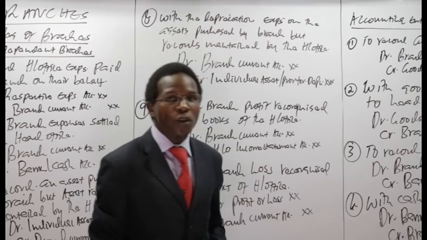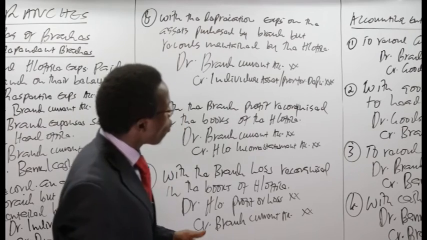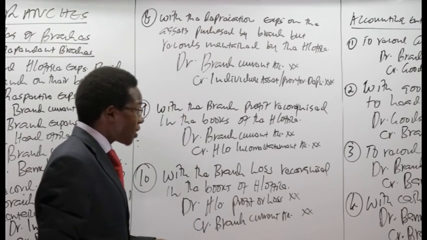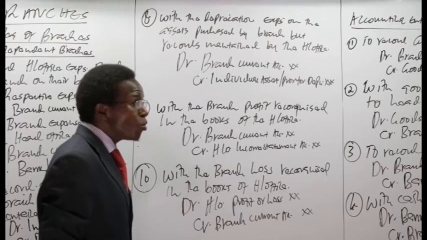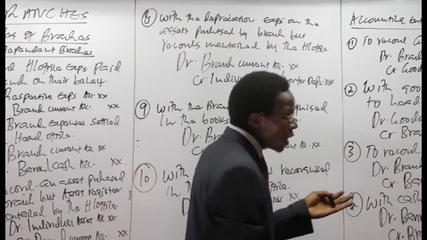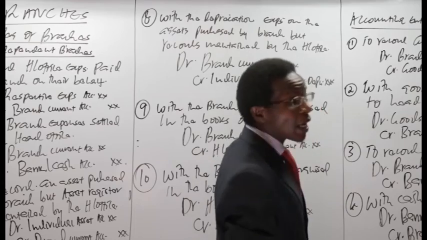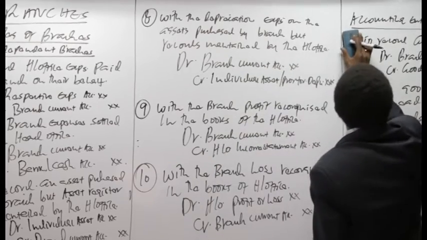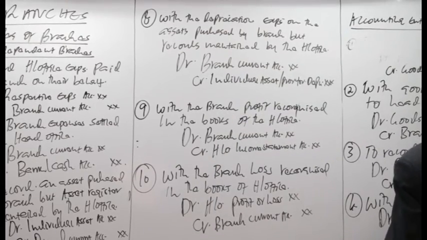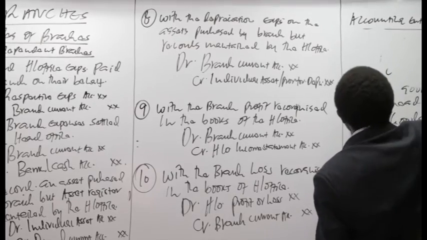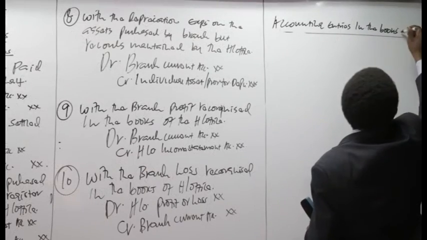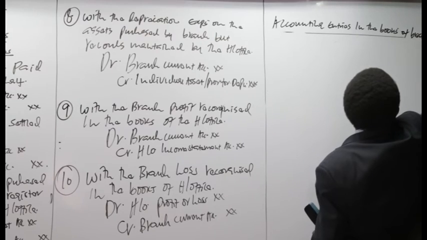Now, let's move on and try to look at the books of the branch. It's nothing very new, but let's just look at it because the accounts are maintained on a reciprocal basis. You have looked at that, and we are going to make a summary of the same. Don't forget, friends, we'll talk about the summary.